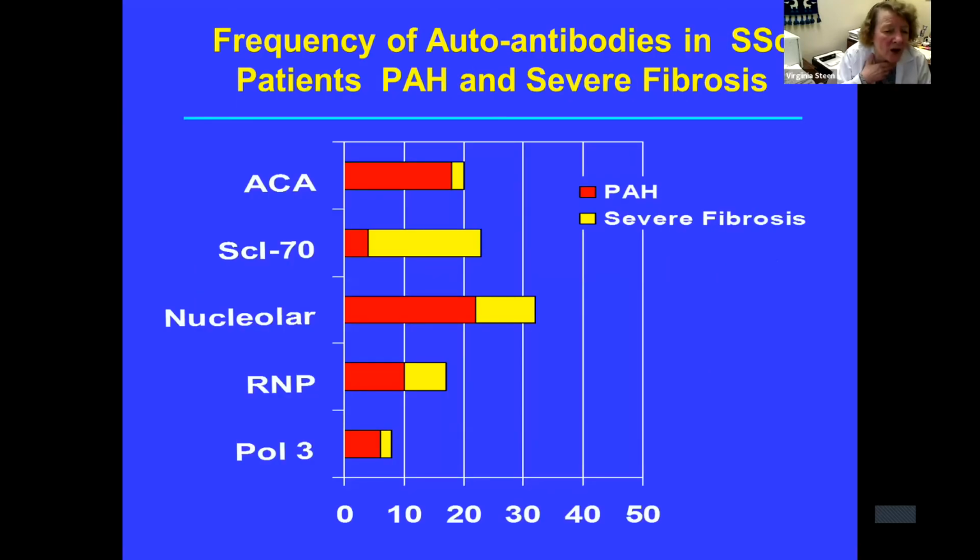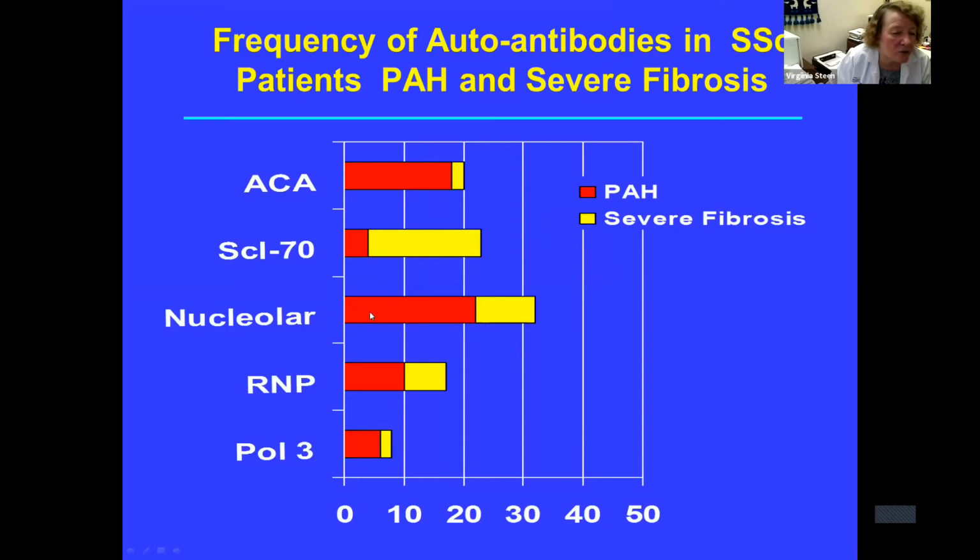So these are the autoantibodies and how important they are in lung disease. The red is the frequency of pulmonary arterial hypertension, and the yellow is severe pulmonary fibrosis. And I think this clearly shows that the antibodies have a predominance of the type of disease, particularly centromere and pulmonary hypertension and SCL70 with fibrosis.